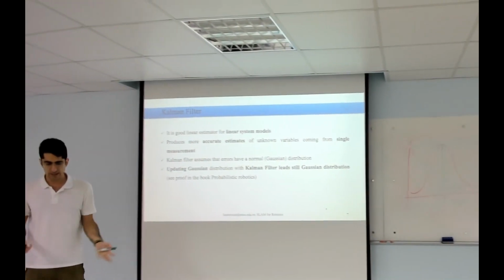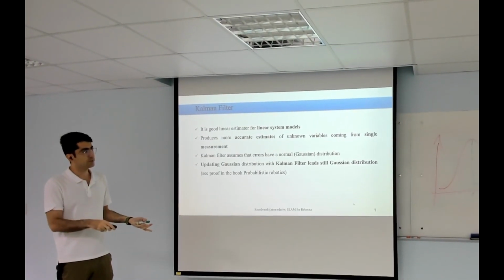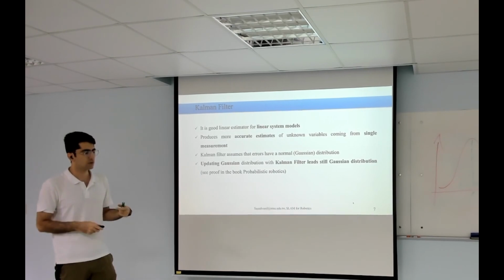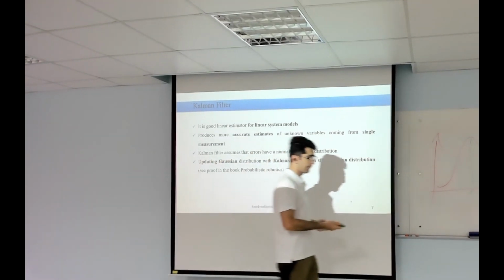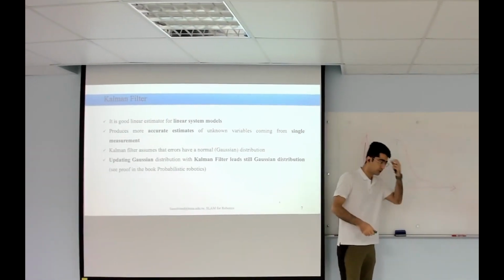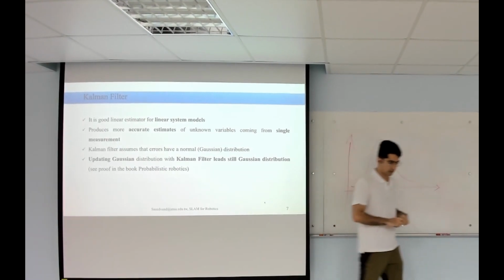So everything in probability can be represented by only two variables, mean and covariance. And what does it mean? If you remember, these are very crucial to understand the concept.